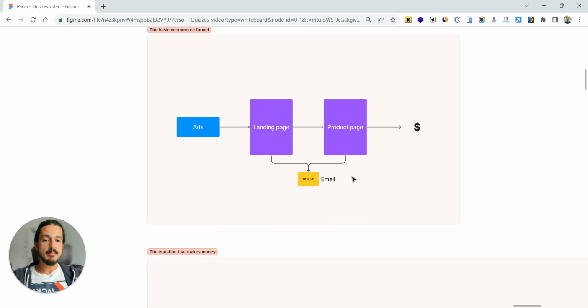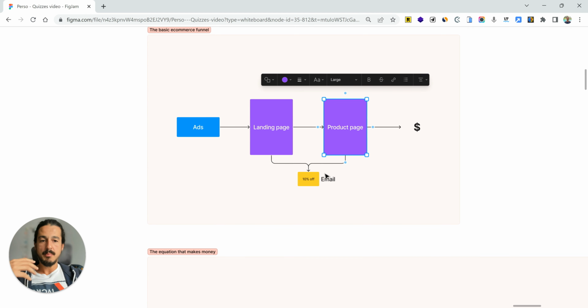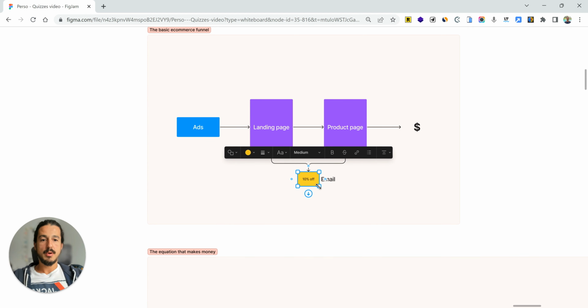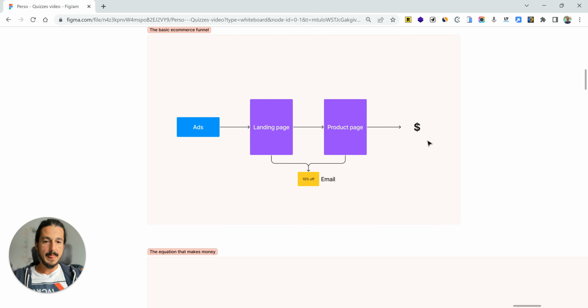And in the meantime, somewhere here, brands try to get the email of the people. Generally, the most common is a 10% off, but it could be something else. Some brands are doing amazing ads or amazing landing pages or amazing pop-ups, but that is the basic: ads, landing page, product page, purchase.